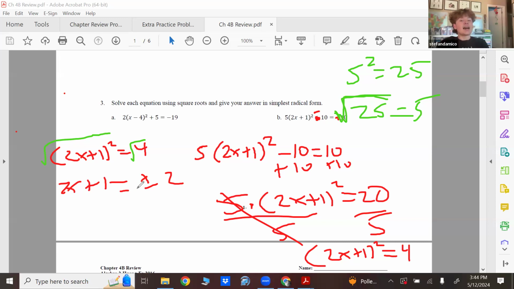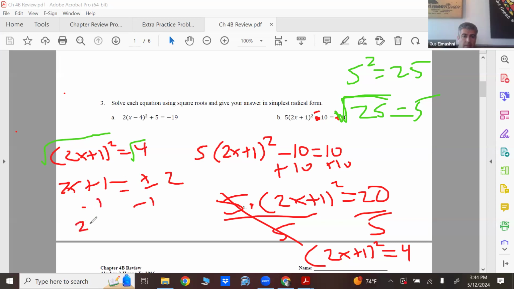True. Okay. 2x plus 1 equals plus or minus 2. Okay. What's next? What's the next thing I should do? For this one you want to get x down, so subtract 1. Subtract 1 from plus 2 and minus 2.